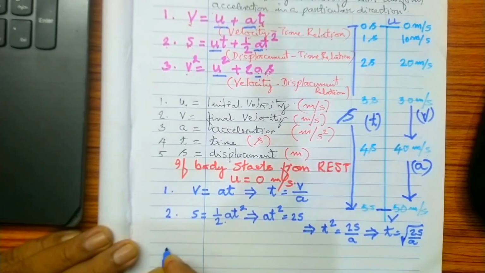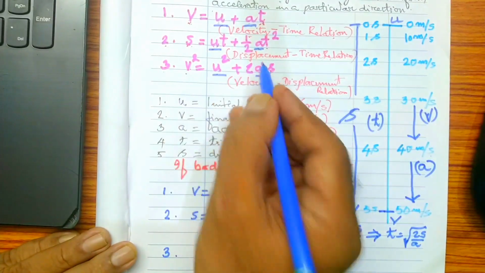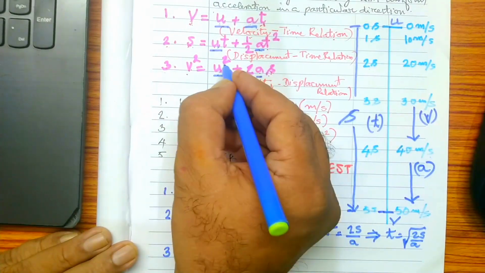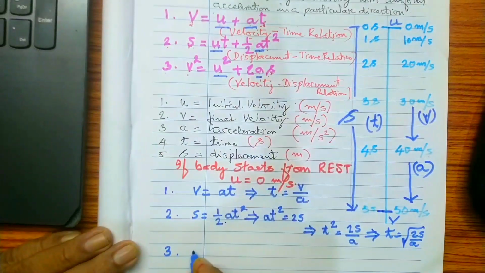Now let us see the third equation. Third equation, v square is equal to u square plus 2as. In this u is 0, that is 0 square plus 2as, we will get v square is equal to simply 2as.